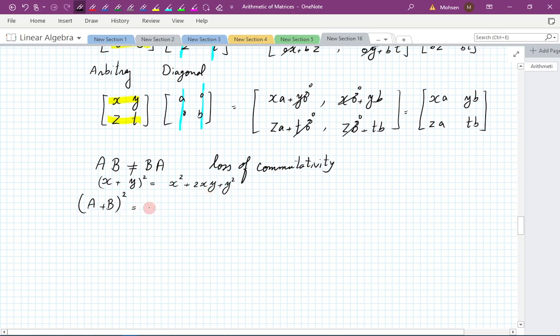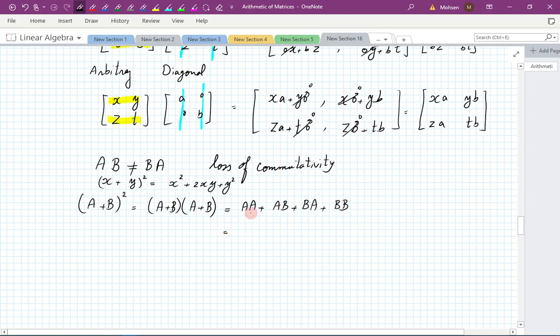Is that the same? Well, let's just go ahead and see. First of all, what does squaring mean? Squaring means multiply by itself. And then first times first, first times second, second times first, second times second.